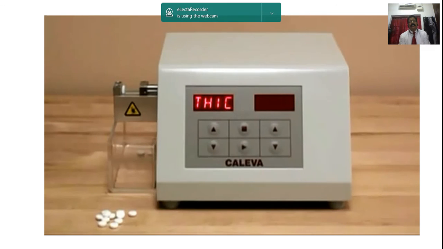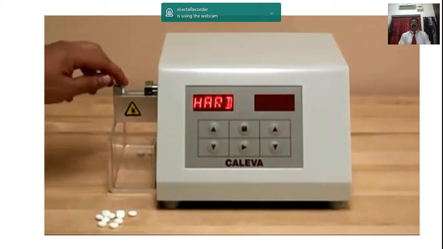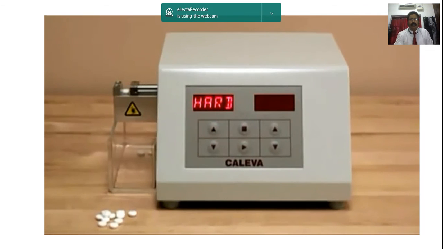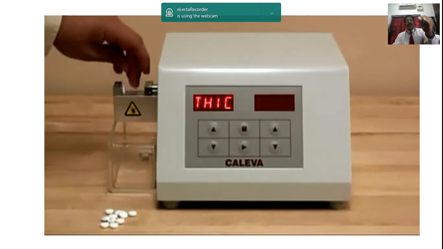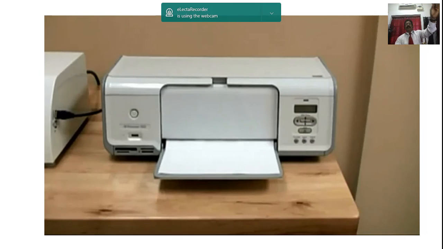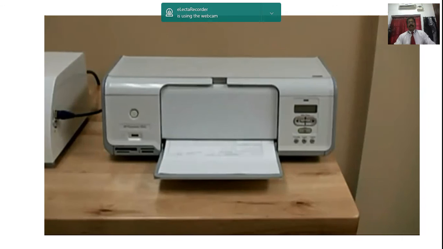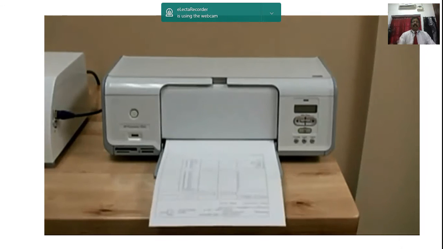He can get the display. In the display he can easily see the thickness and hardness of the tablet. For 10 tablets selected from the batch, all the readings, diameter, thickness and hardness can be attached to a printer, and then you will get the printout.